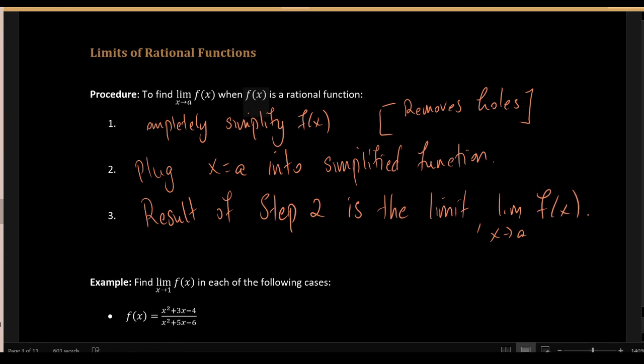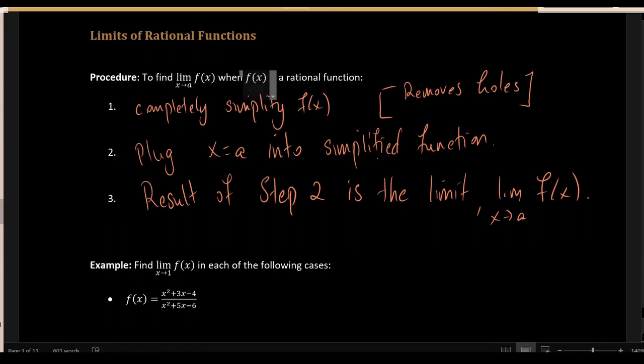The only difference between what we need to do for rational functions and what we needed to do for those functions to which the rule of thumb applied is this one extra step. For a rational function, before you plug in a, you do need to simplify the function completely to clean up any holes in the function.